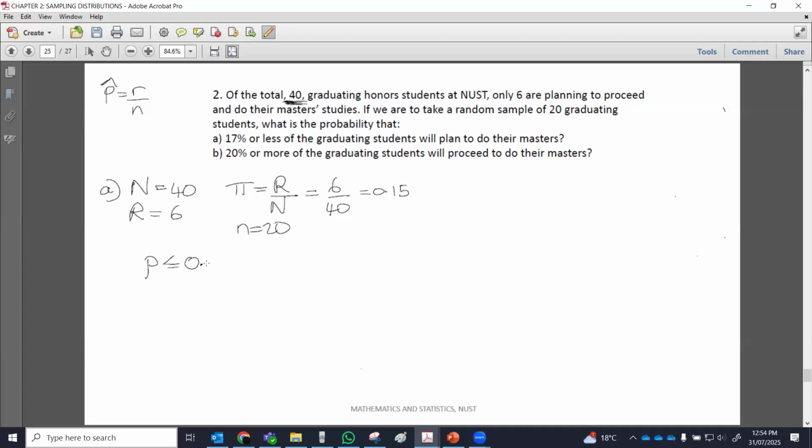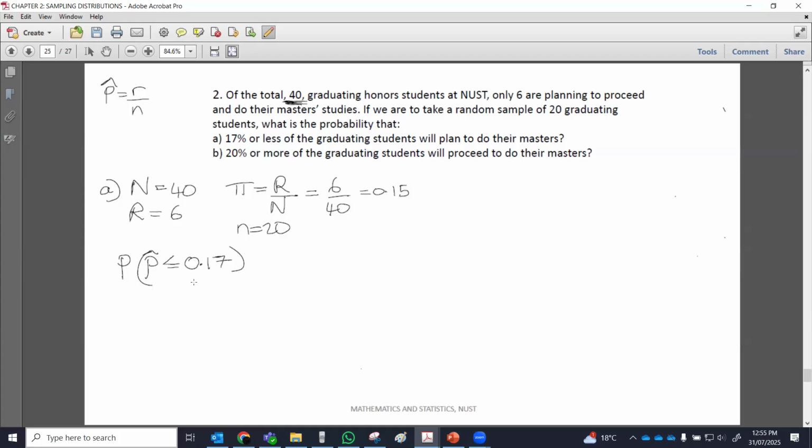So you write 0.17. And this is the probability that we are looking for. So P hat. Sometimes we'll see I just write P. The hat doesn't actually matter, but that's one of the symbols that we use. So P hat is less than or equal to. We don't write 17 with the percentage sign. We either write it as 17 over 100 or we write 0.17.